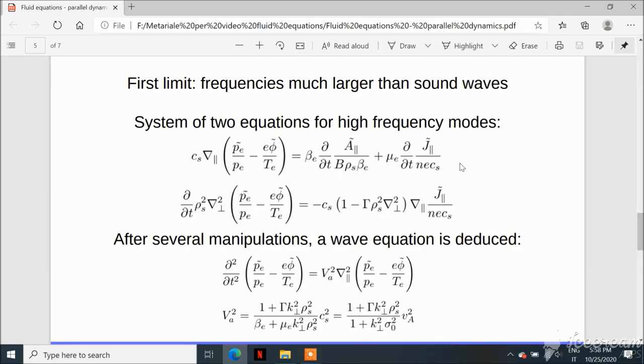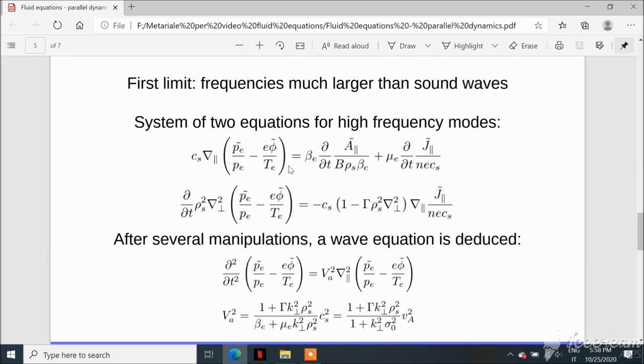And so we have one variable less, and we can simplify them. Plus, we can put together the first and second equations, which involve the electron pressure and the electrostatic potential.